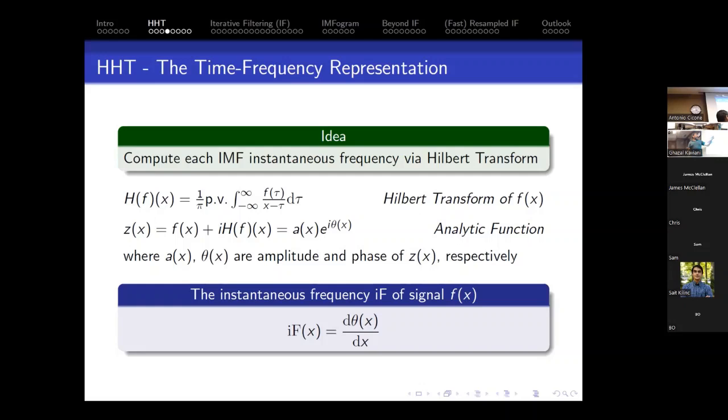Because if I now take the IMF plus i, the imaginary number, times the Hilbert transform, this is a new function, which is a complex function, which has the nice property to be an analytic function, which means we can rewrite it in polar coordinates, and the angle is rotating in a way that is always increasing. Then we can compute the derivative of the angle, and that can be defined as a frequency because it's always positive.